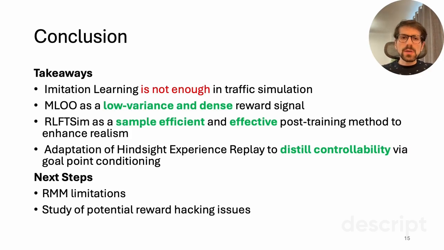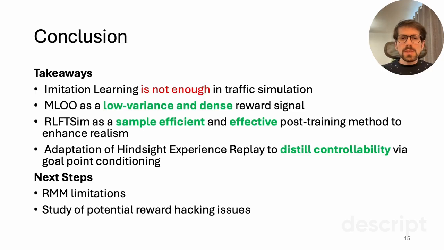Finally, in summary, we argue that imitation learning alone is not enough for traffic simulation and it needs closed-loop training. Our MLOO reward formulation turns Waymo's sparse realism meta-metric into a dense, low-variance per-rollout reward. This makes RL fine-tuning sample efficient and leads to state-of-the-art realism on the WOSAC challenge.